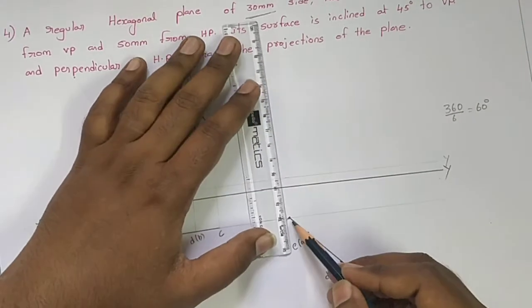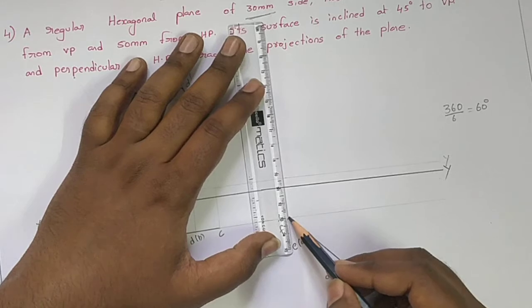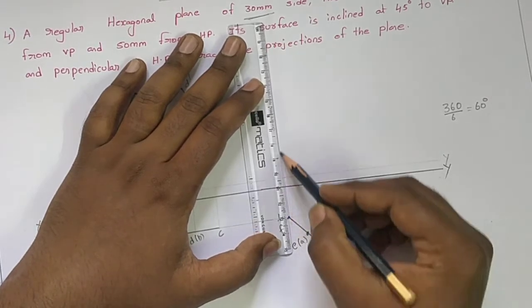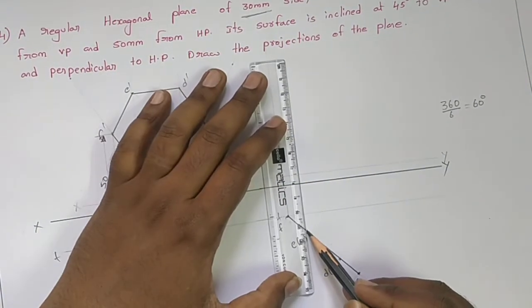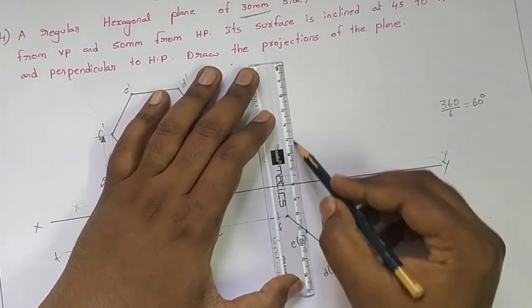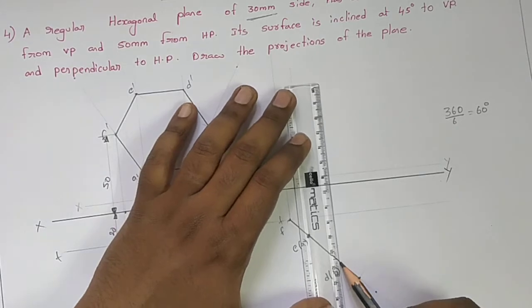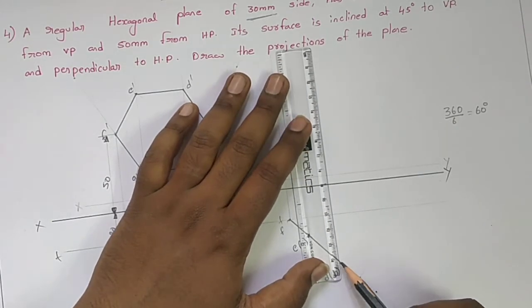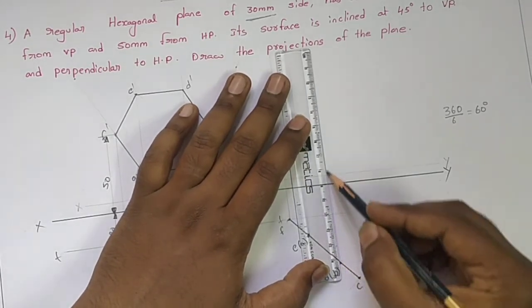Next, we need to draw vertical lines from every point, vertical positions, that is perpendicular to the XY. These lines should be perpendicular to the XY mark.